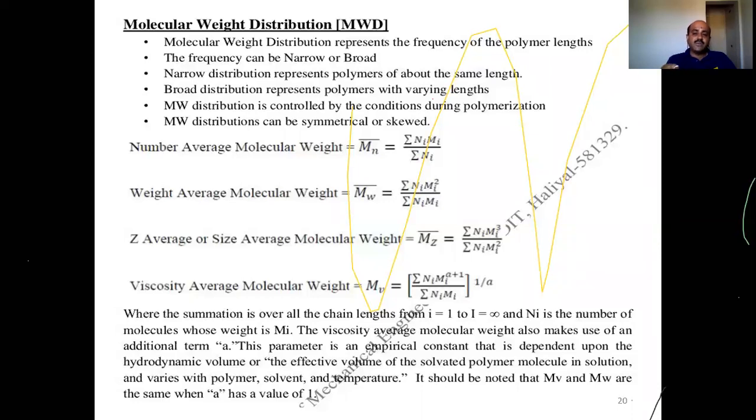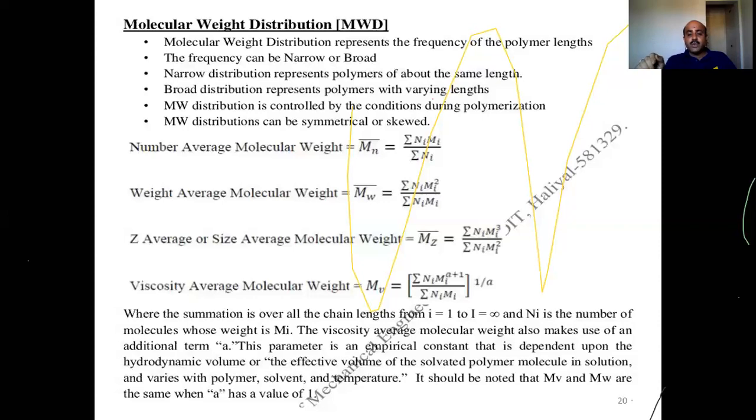Small variations in the formula we can observe, where the summation is over all the chain lengths, from i equal to 1 to i equal to N. And Ni is the number of molecules whose weight is Mi.